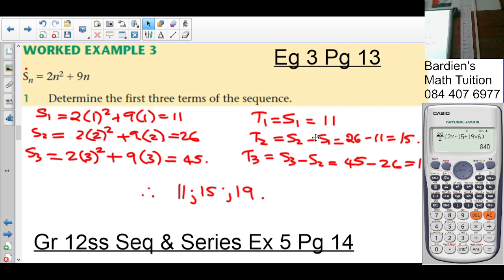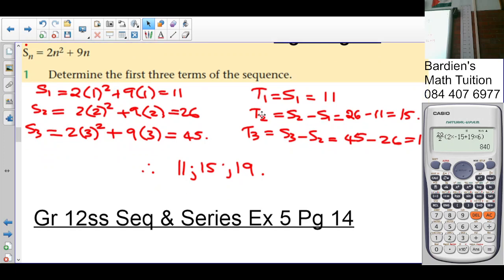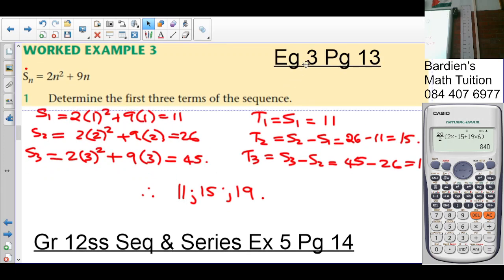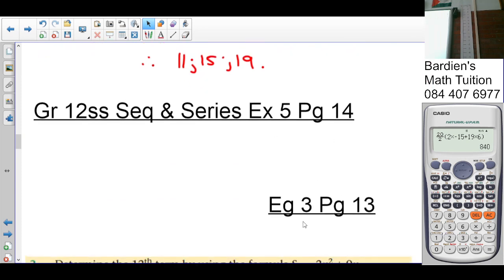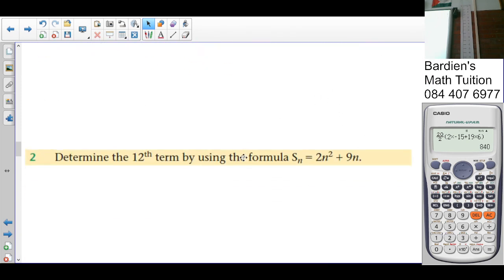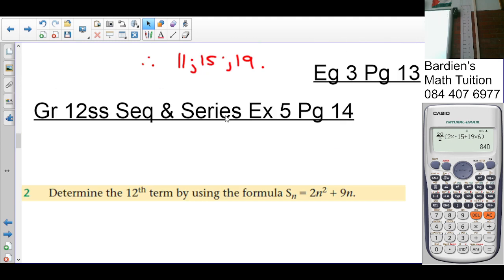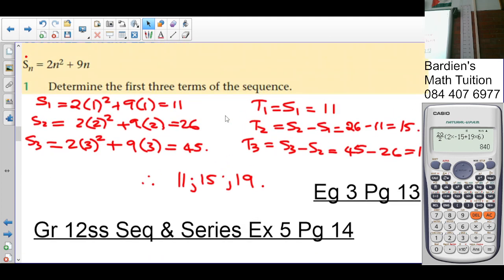How do you work out T2? It's going to be S2 minus S1. You work out T3: S3 minus S2. That's how we get the first three terms. The sum is normally worth like 3 or 4 marks. It's only if you want it, no? And many of us, we don't want it.